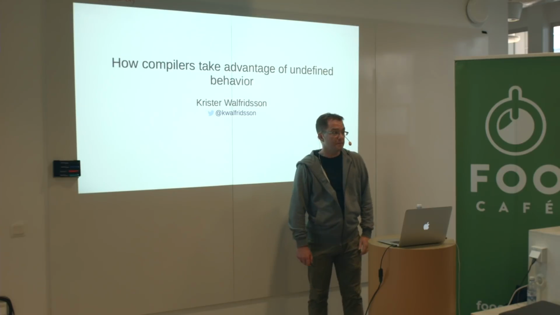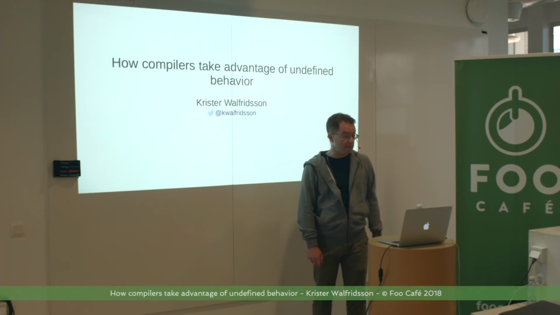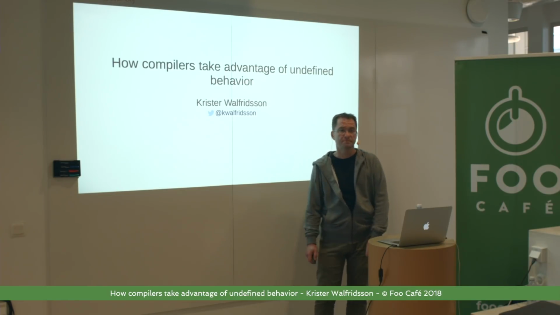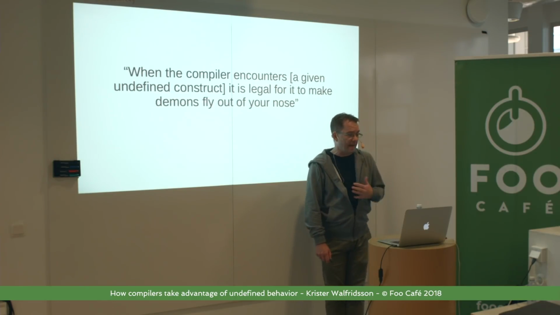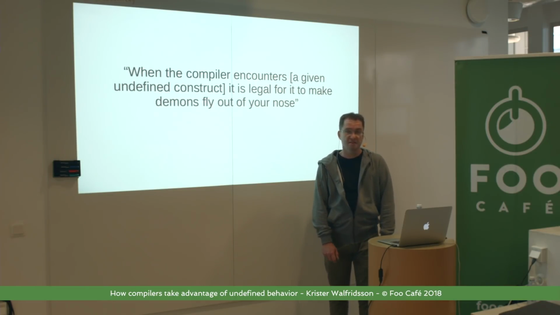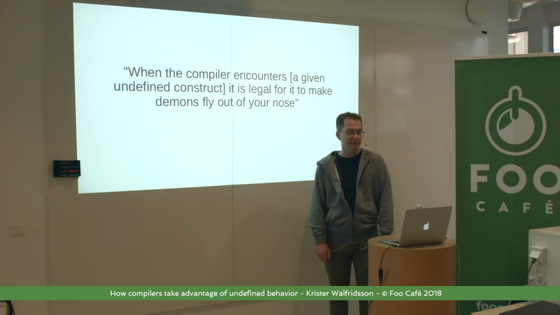So I'm Krister, and I'm going to talk a bit about undefined behavior in C++ and what the compiler actually uses that for. I guess most of you have seen something like this that always comes up in discussions on the net: that when the compiler encounters some construct, it can do whatever, including make demons fly out of your nose.